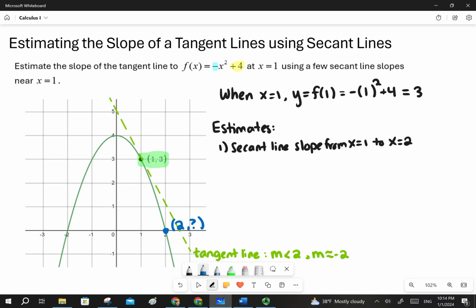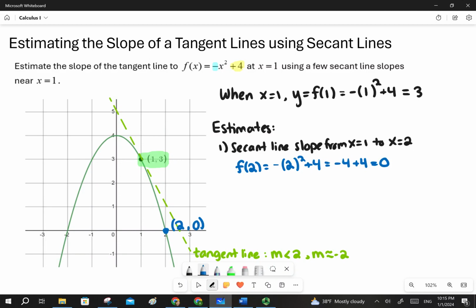For the secant line from x equals 1 to x equals 2, to find the slope, I need the y-coordinate of the second point, which I can find by evaluating the function at the second x-coordinate. It's pretty clear from the graph that it's going to be 0, but just for practice, let's evaluate it. f of 2 is negative 2 squared plus 4, which equals negative 4 plus 4, which equals 0.